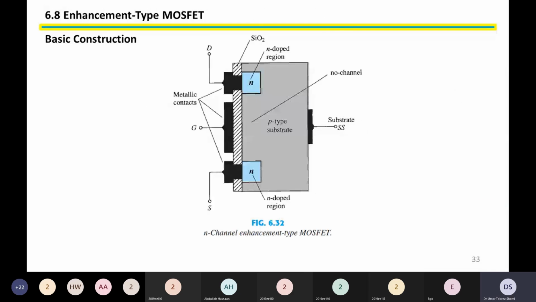Then came the second type of MOSFET, the enhancement type MOSFET. In the enhancement type MOSFET, the difference lies in the absence of a channel between drain and source. The enhancement type MOSFET does not carry any physical channel between drain and source, and this makes it an enhancement type MOSFET.